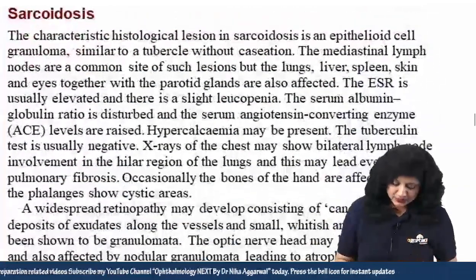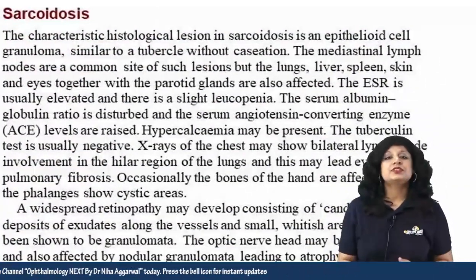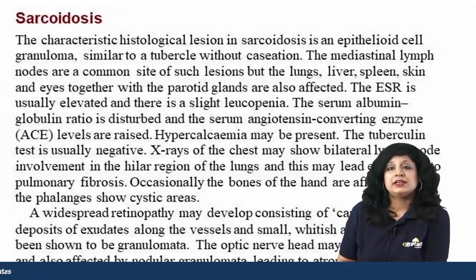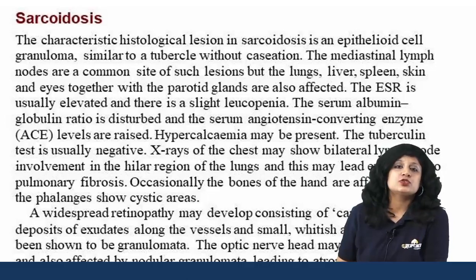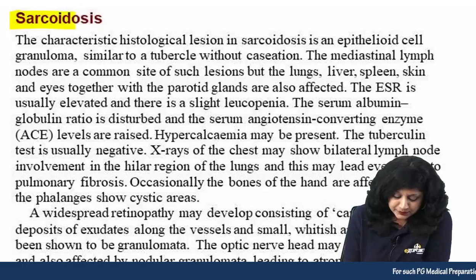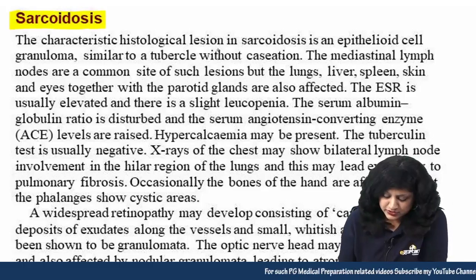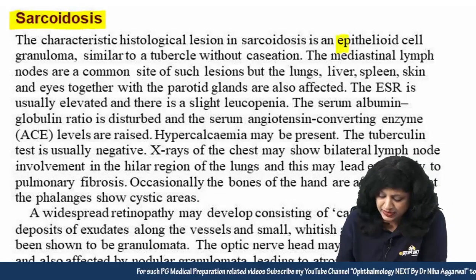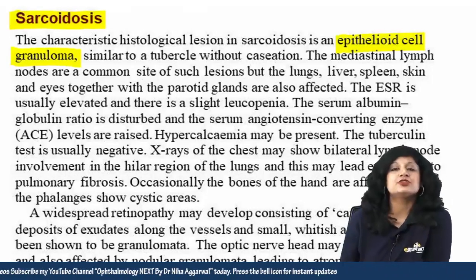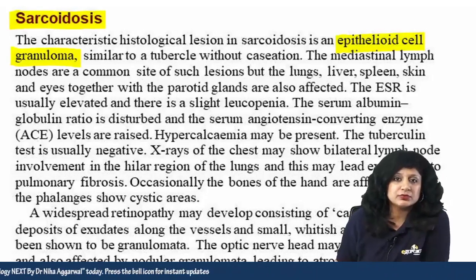Now coming to sarcoidosis. Sarcoidosis is again an important topic for your question because it involves multiple systems and the scope of integration is very high here. The characteristic histological lesion in sarcoidosis is the epithelioid cell granuloma, and this is very similar to the tubercle but without caseation.